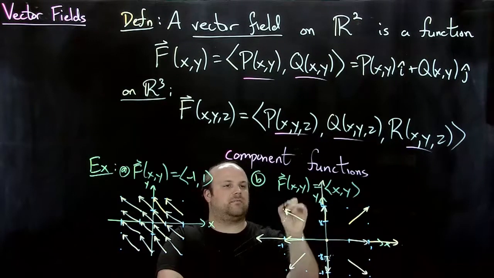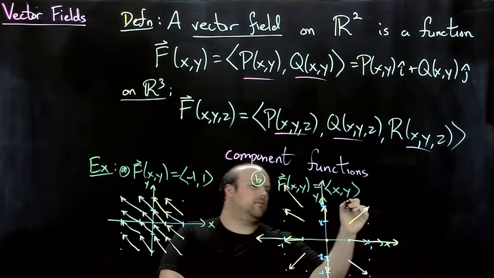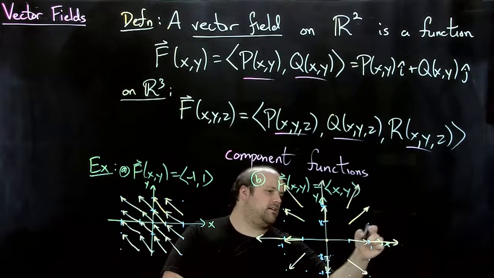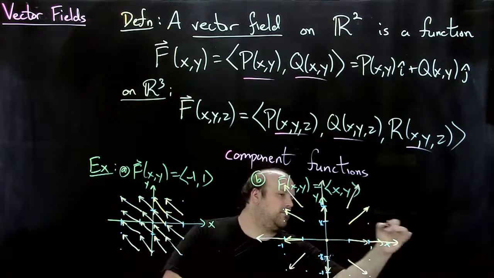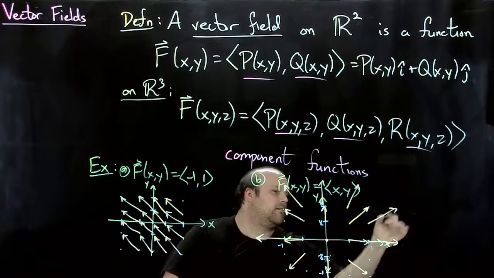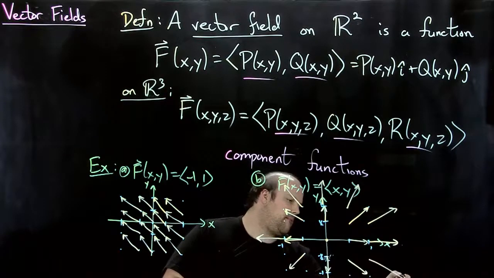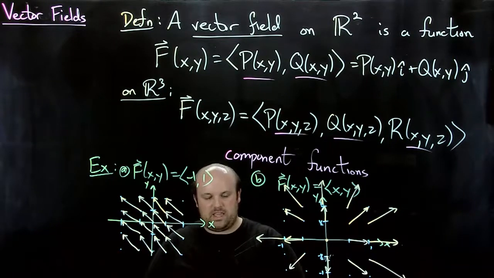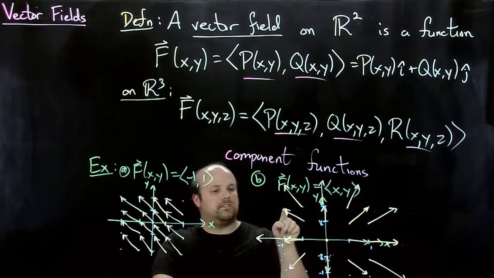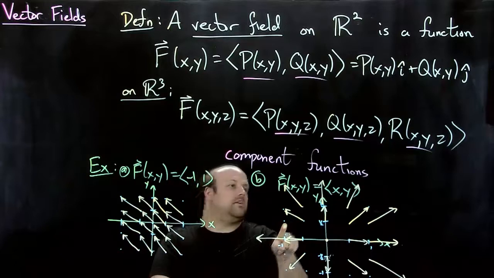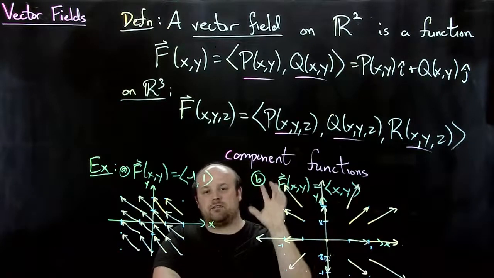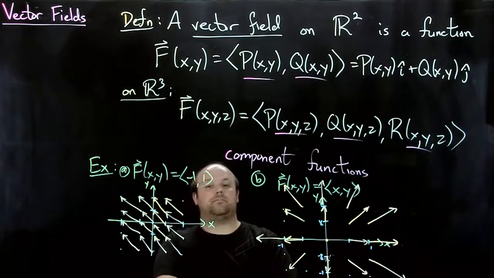So it's going to go to negative 1/2, but up 1. Right? And you're going to have a similar thing here. 1 comma a half will go 1 up a half. Right? So you kind of get the idea of what's going on here. At every point, you're going to have some point x, y. You plug that into the vector field. That's going to give you a vector, and then you stick the vector on the point.